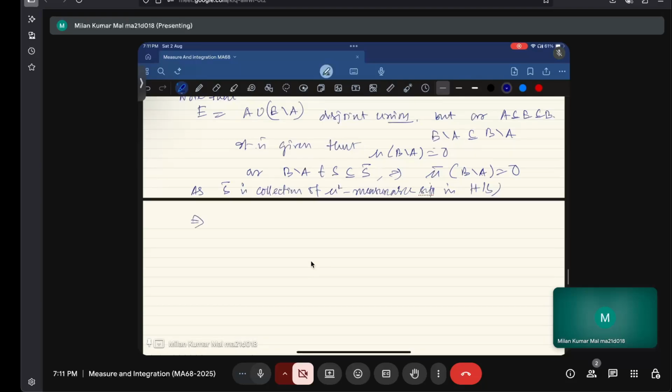That implies B minus A is again in S bar. This is the fact.